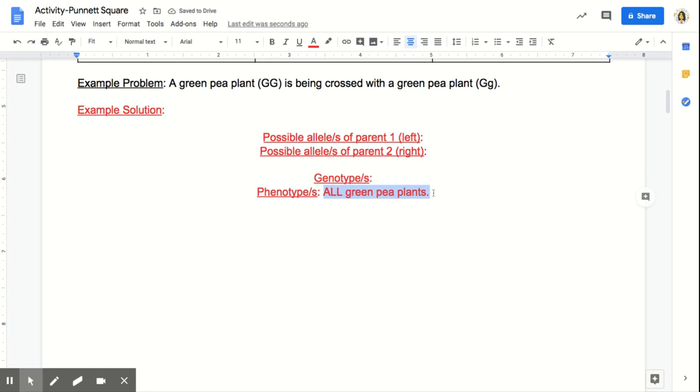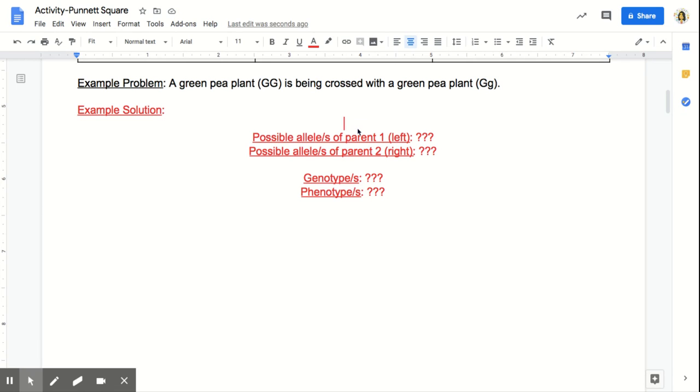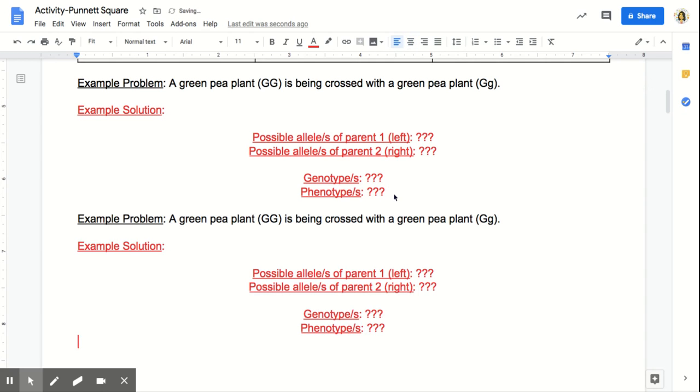What you will see in your activity is somewhat similar to this, only that I provided the crossing and the Punnett square already. All you need to do is fill in the question marks in the table. Okay, so we're going to have several examples. I have to copy this.